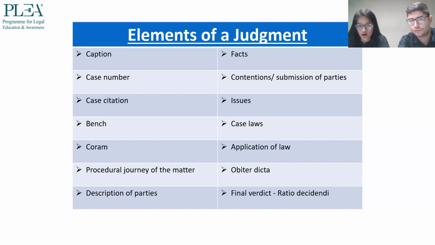In this part of the judgment, you will often find legal provisions and case laws which the parties are relying on. So these 3 elements, contentions, issues, and case laws, are all based on legal provisions. Contentions are the arguments. If I want to state one fact, to support that fact I will argue with the help of legal provisions.